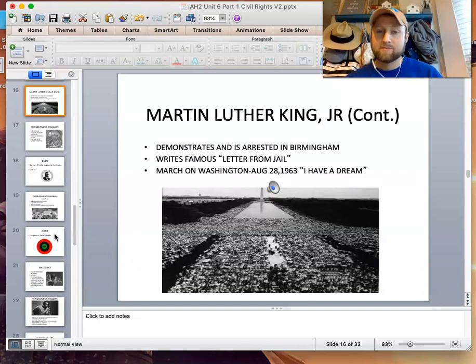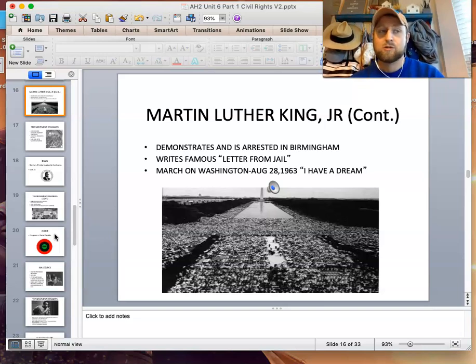Martin Luther King is arrested several times. One of the most famous arrests he has is Birmingham, Alabama. And when he is arrested in Birmingham, Alabama, he writes the famous Letter from a Birmingham Jail, in which he basically writes to the future of America. It's almost an outline for the I Have a Dream speech.